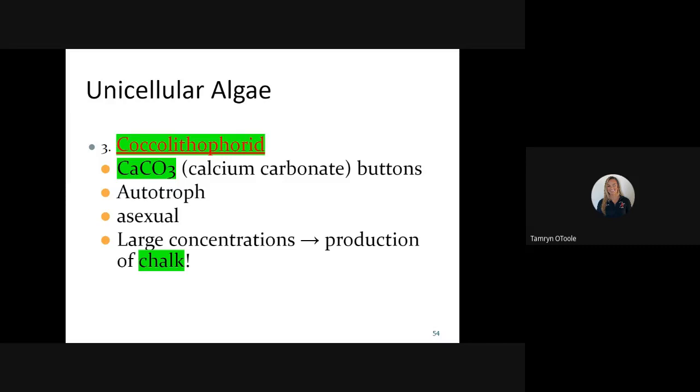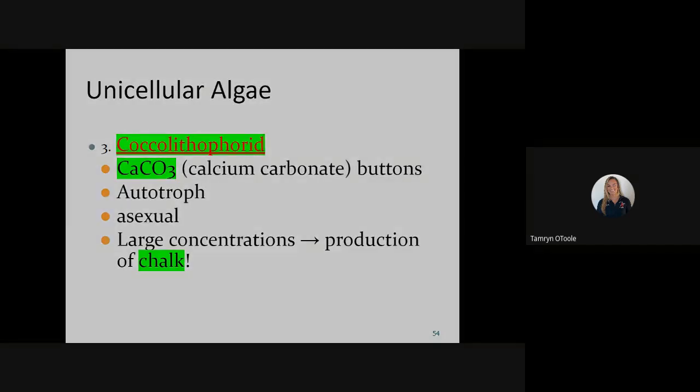The most common one would be chalk itself. Things like gums are calcium carbonate as well. All right, they are autotrophic. They reproduce asexually. And so they are very similar to our other types of unicellular algae in that they only need themselves in order to produce more and sustain the continuation of that particular species.